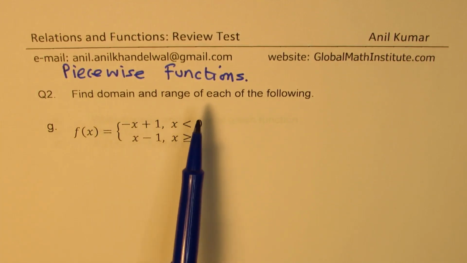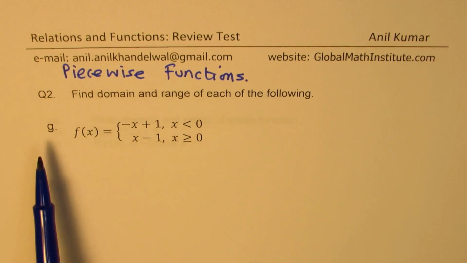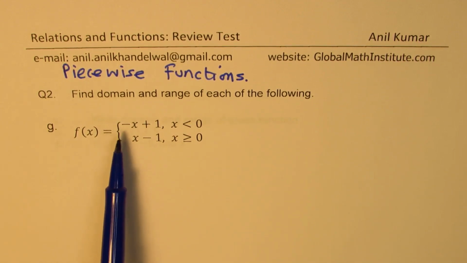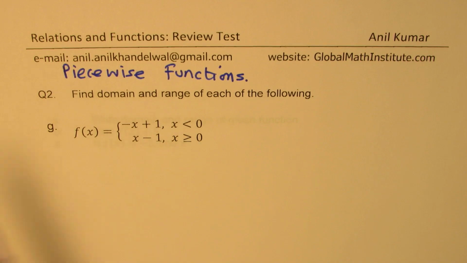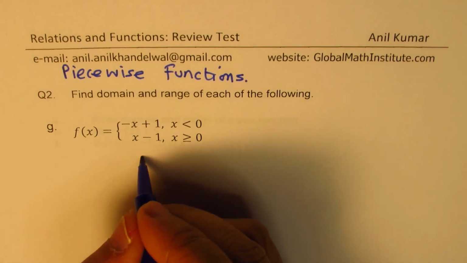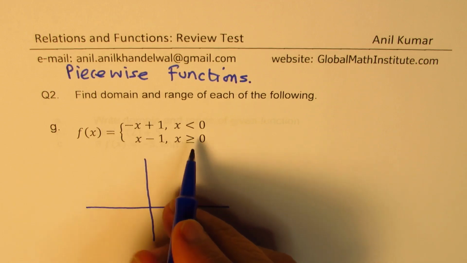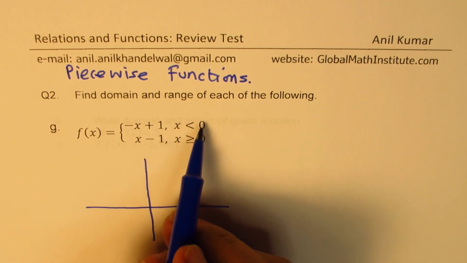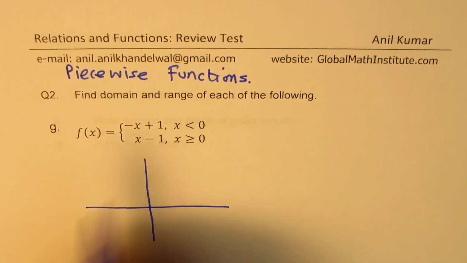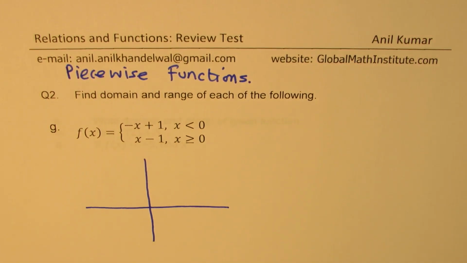Find domain and range of each of the following. G. f of x is minus x plus 1 when x is less than 0 and is equal to x minus 1 for x greater than equal to 0. Earlier, we had less than equal to, which was not a function. Now it is different. Do you get it?